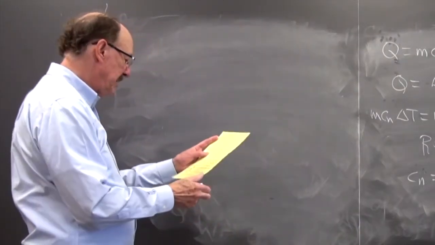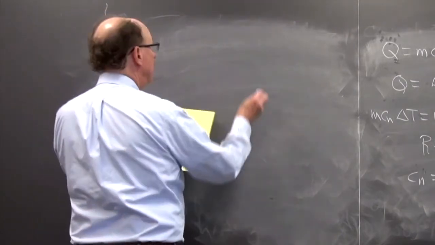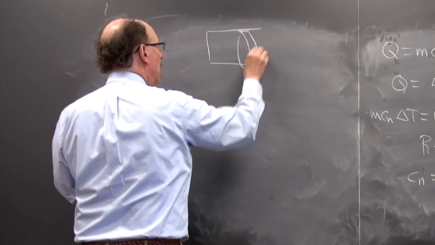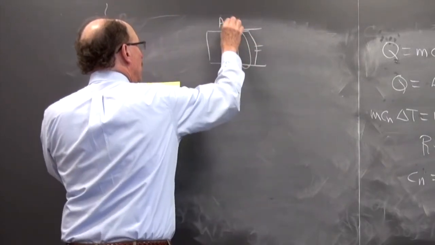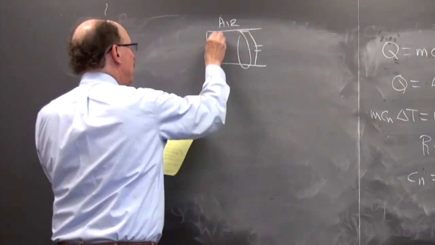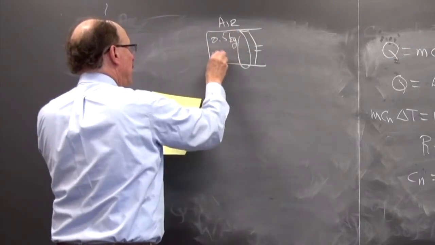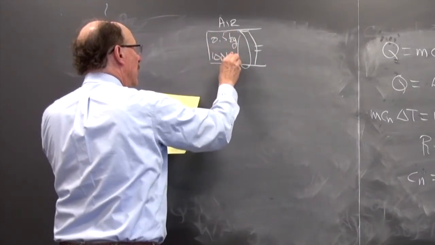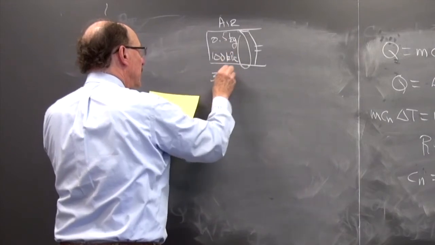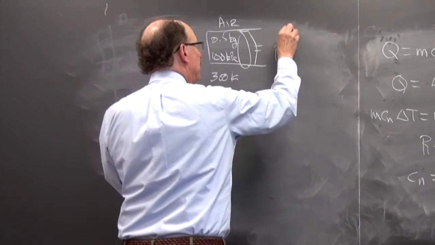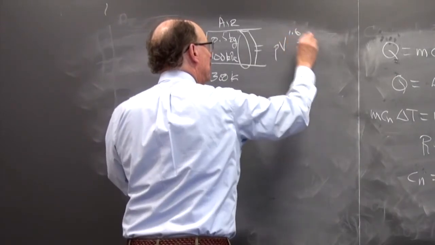In this case, we'll start with air in a piston cylinder. We'll have 0.5 kilograms of air at 100 kPa and 300 K, and we're going to say that PV to the 1.6 is equal to a constant.